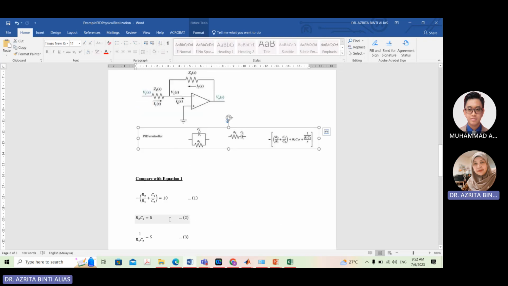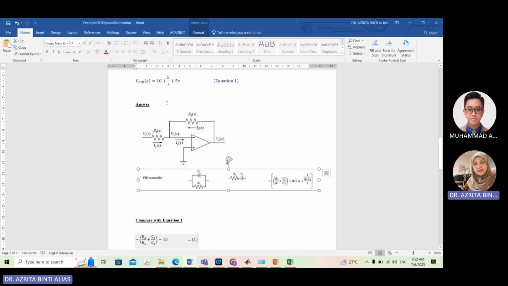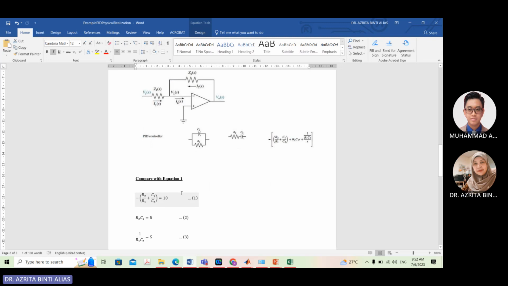So from here, we can conclude that R2 plus R1 plus C1 over C2 is equal to 10. Nampak dekat sini, 10.